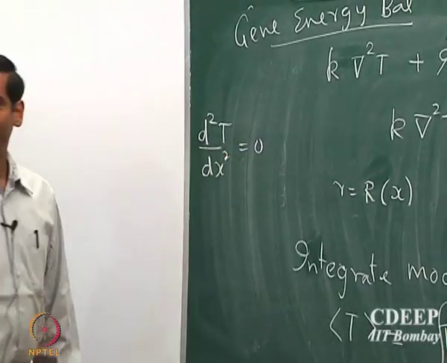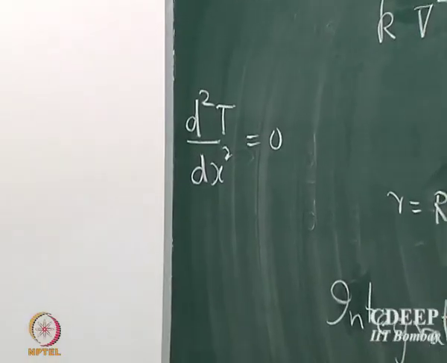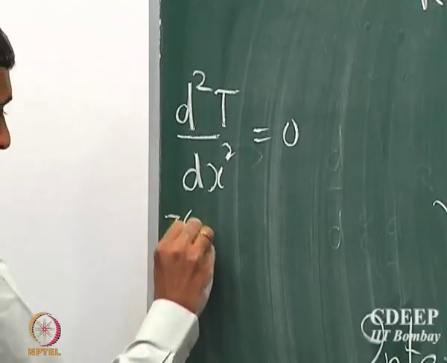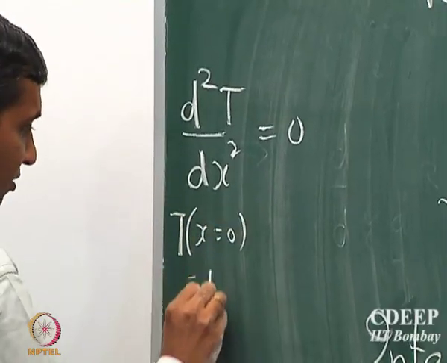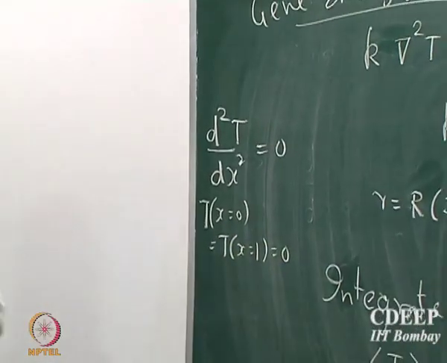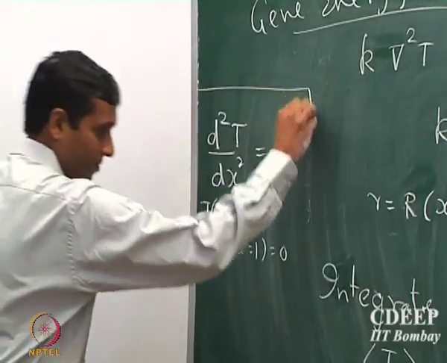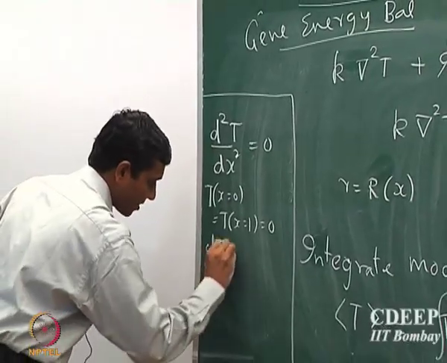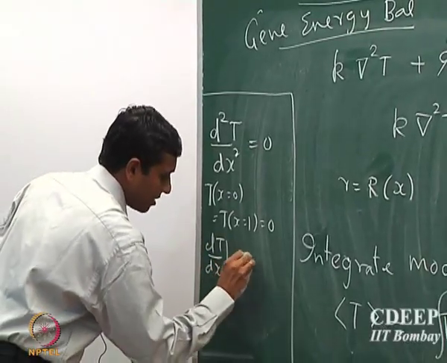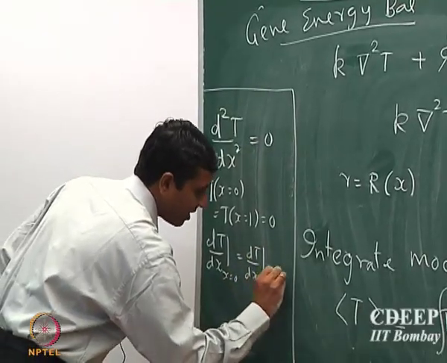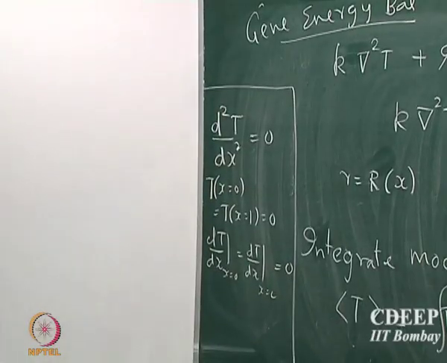You solve d squared T by dx squared equal to 0 with three types of boundary conditions. You can say T at x equal to 0 equal to T at x equal to L equal to 0, that's one problem. And then you say dT by dx at x equal to 0 equal to dT by dx at x equal to L equal to 0, that's the second problem.